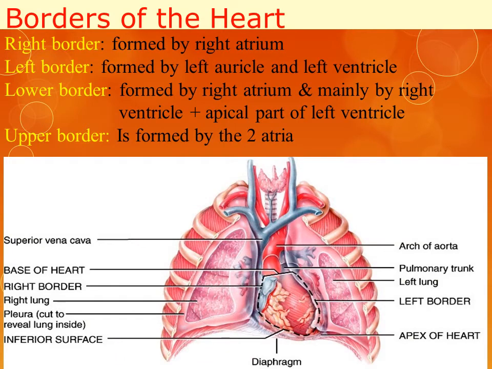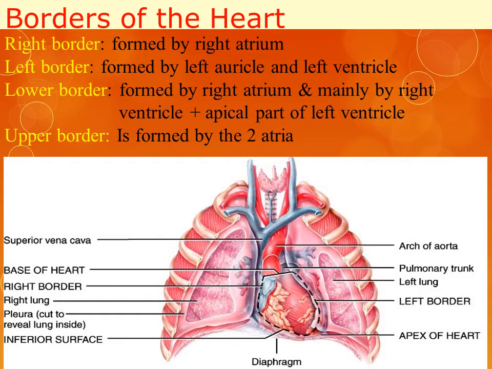So we have borders of heart. We have right border, left border, lower border and the upper border. Right border is formed by the right atrium. Left border is formed by the left auricle and the left ventricle. Lower border is formed by the right atrium and mainly by the right ventricle plus the apical part of the left ventricle.